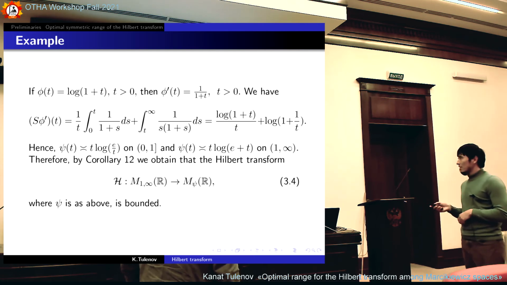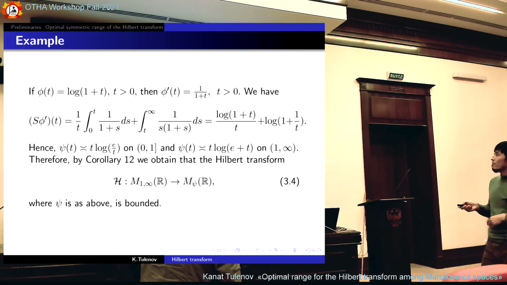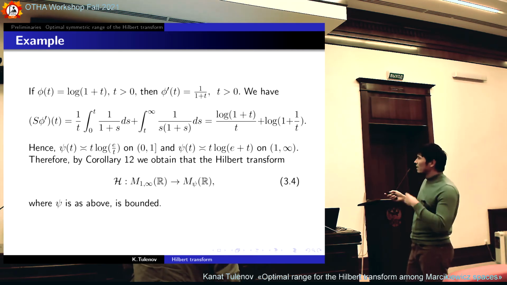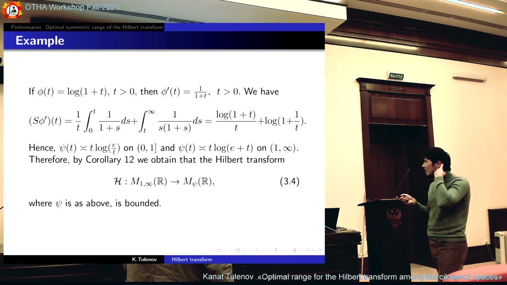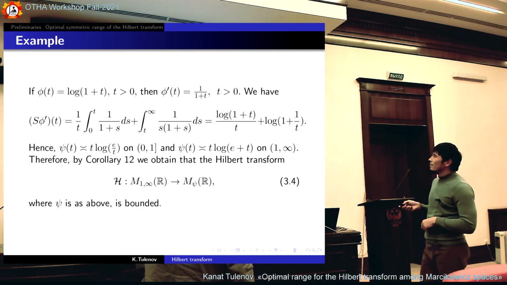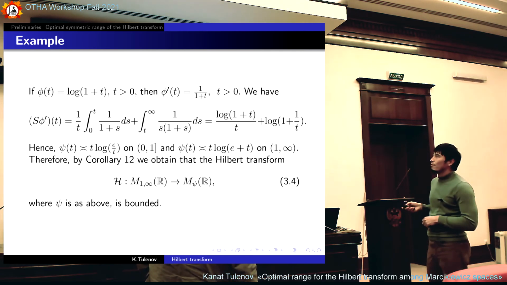Why is this example so important? Because when phi equals log, this Marcinkiewicz space is very important. It has many applications in the noncommutative geometry of Alain Connes.